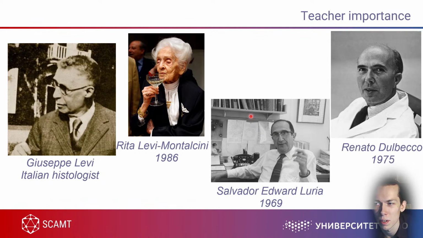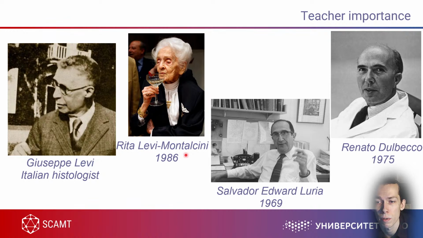about a very nice thing, teacher importance, as I called it, because it was Giuseppe Levi, an Italian histologist, shown here, probably not as famous for his own deeds, because he didn't receive any significant prizes. But here are three of his students.